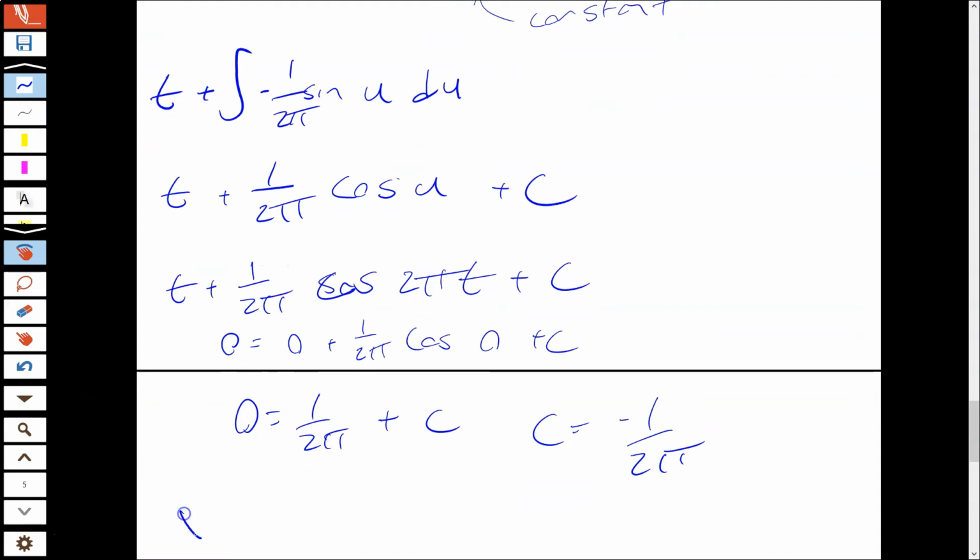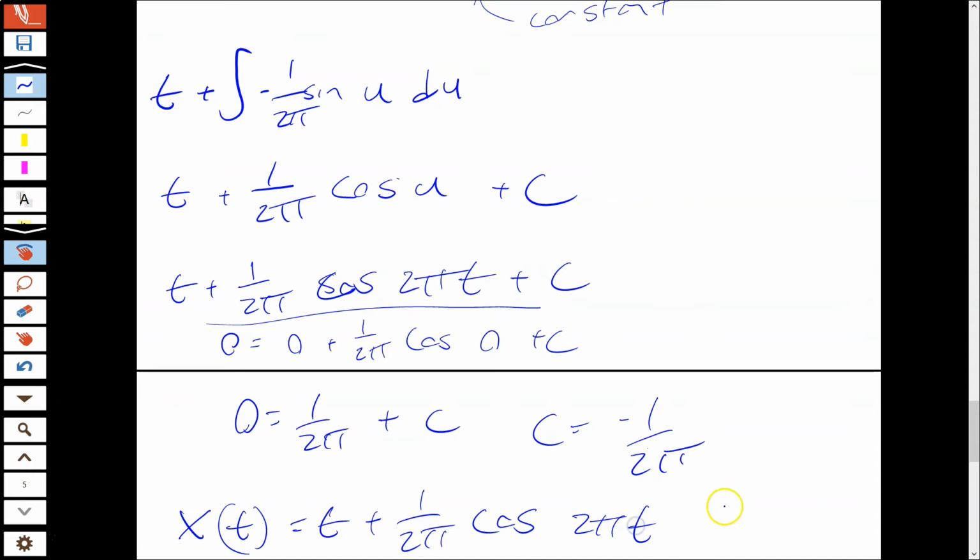So my position function x of t is equal to this result with c equal to negative 1 over 2 pi. So t plus 1 over 2 pi cosine 2 pi t minus 1 over 2 pi. Put some parentheses around some of these things for good measure.